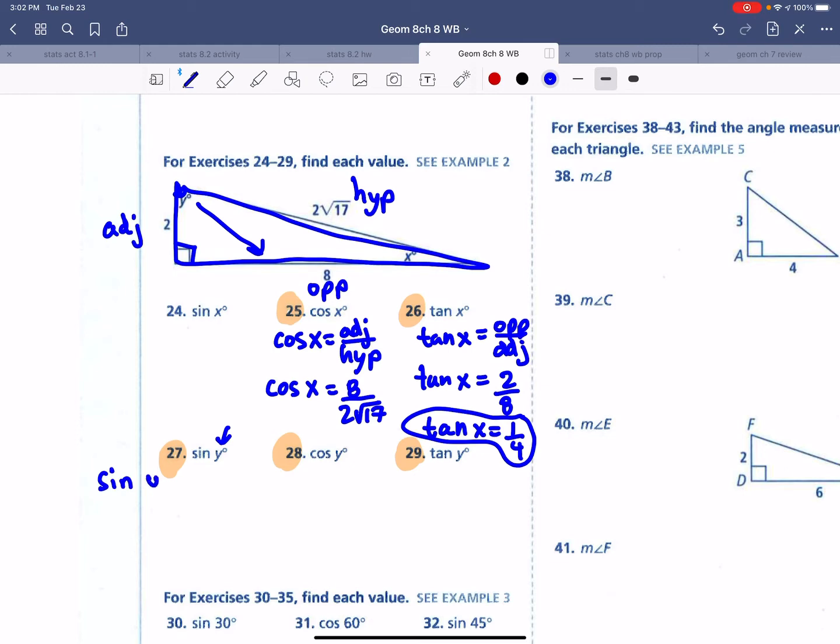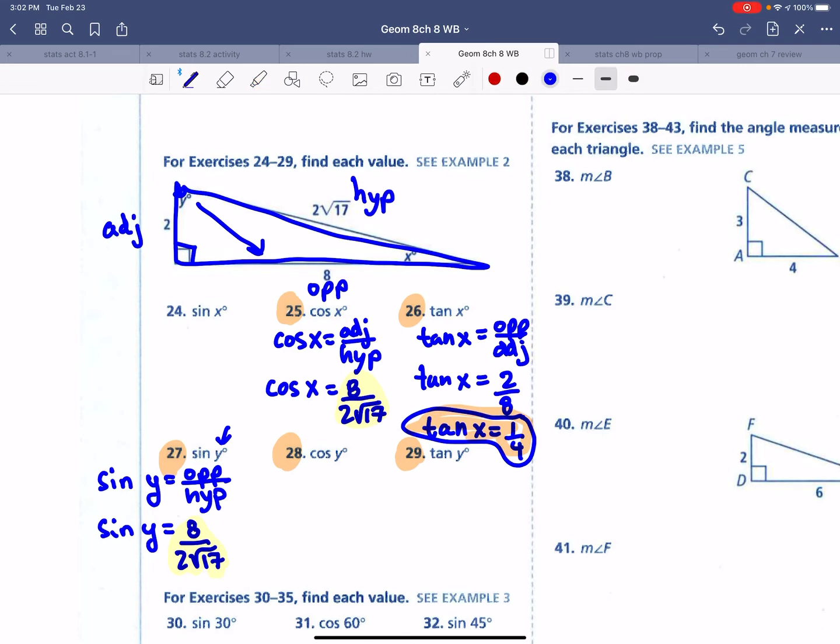So the sine of angle y would be opposite over hypotenuse, using my formula. So the sine of angle y would be opposite 8, hypotenuse 2 times the square root of 17, and the math gods grumble. I cannot leave my answer like this. I can leave it like that, though, so this one's fine.